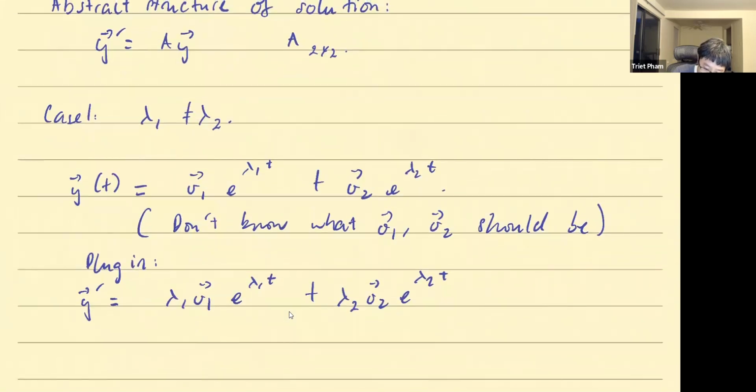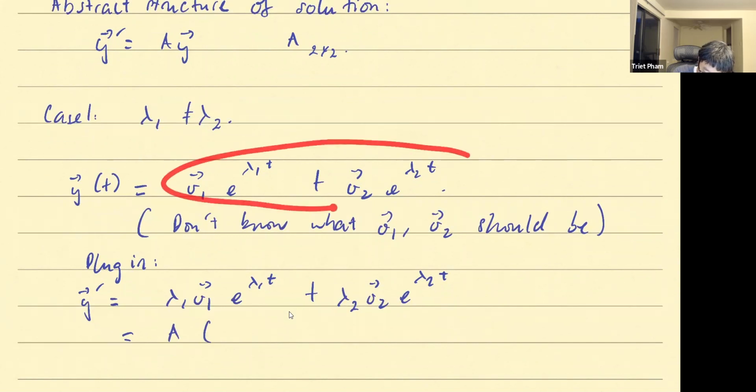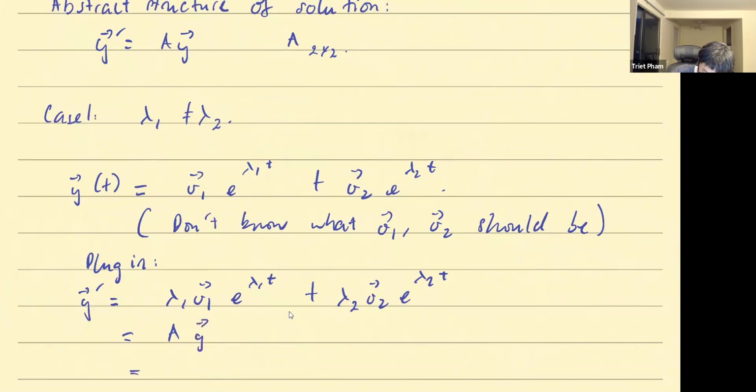It's supposed to be equal to Ay. So that's A times this whole thing, which is A v1 e to lambda 1 t plus A v2 e to lambda 2 t.